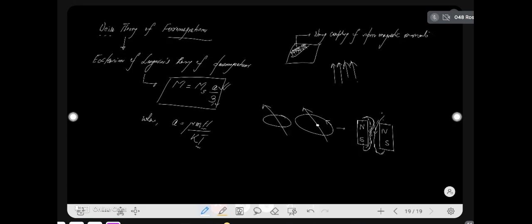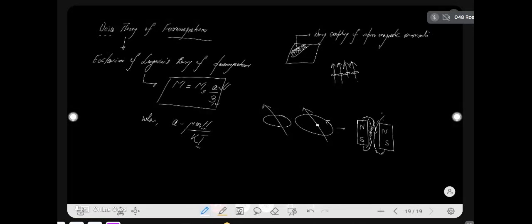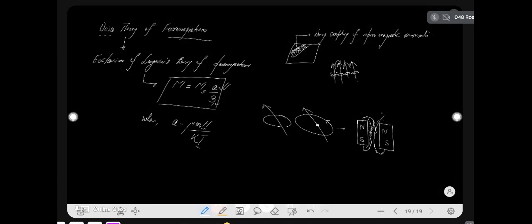These magnetic dipoles, as these magnetic moments are in the same direction, there is a strong spin coupling which is said to be the correlation factor. Correlation factor means that the motion or the change or the orientation in the spin moment of one particular atom is going to affect the spin moments of other atoms.